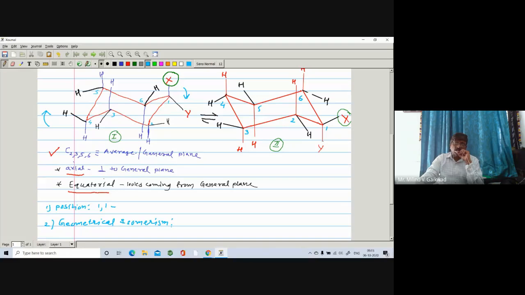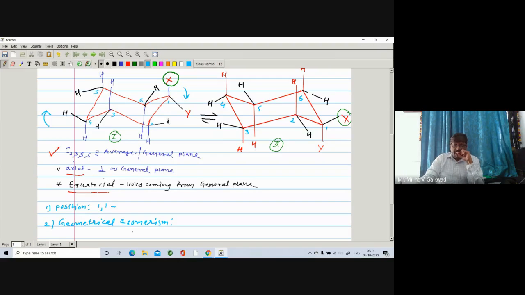Isomers are compounds which have the same molecular formula but not the same structural formula, so they are called isomers, and this phenomenon is called isomerism. Now here, in structure number one and structure number two, you have to find out whether they are geometrical isomers or not.